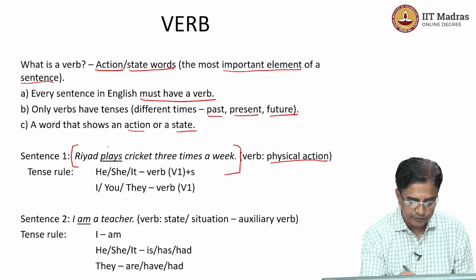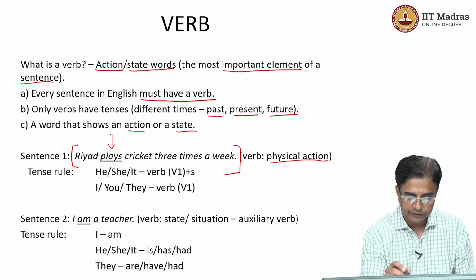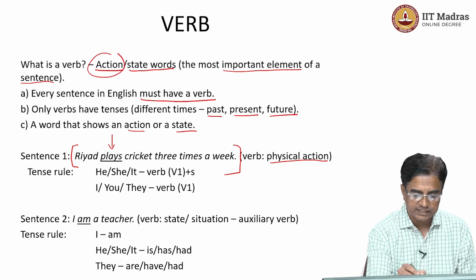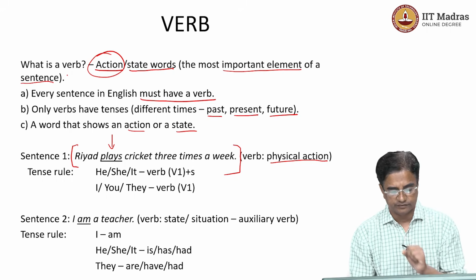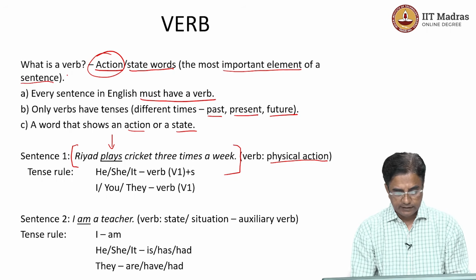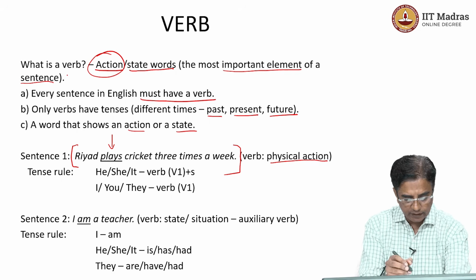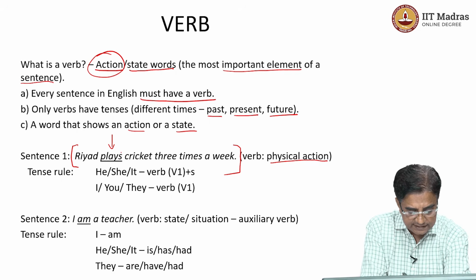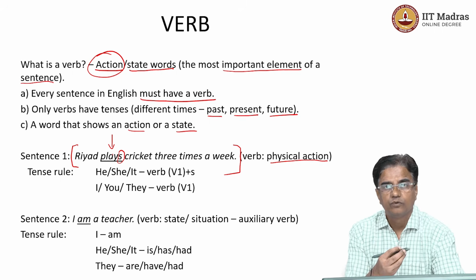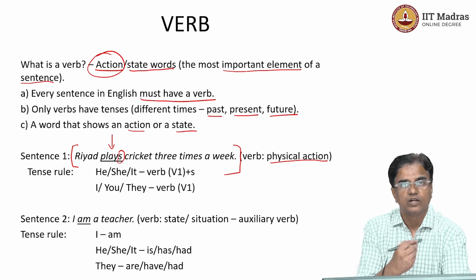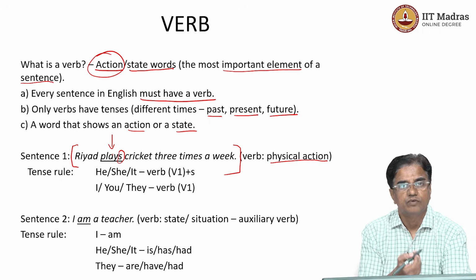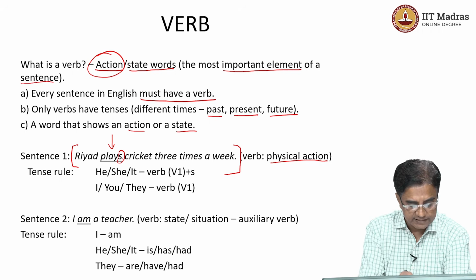It talks about playing. So it comes into this category of action word. And it comes with this ending as well, which indicates the tense and a lot of other things that we need to know about it. But this is the verb.